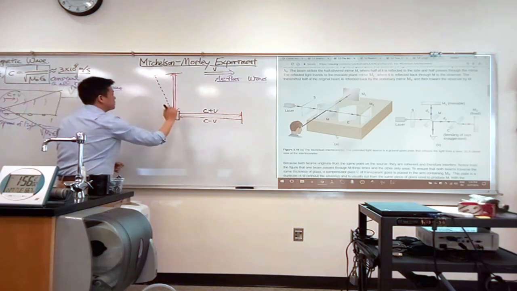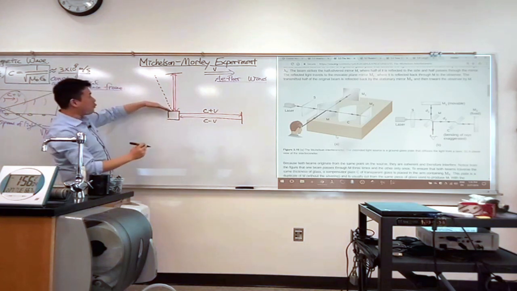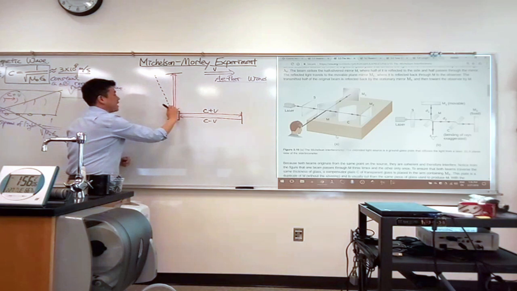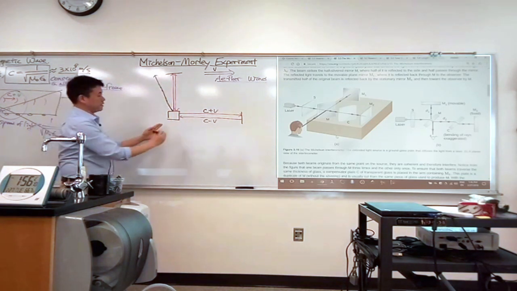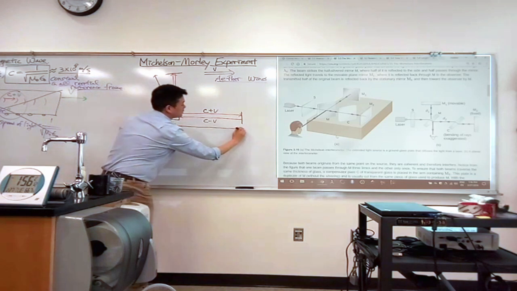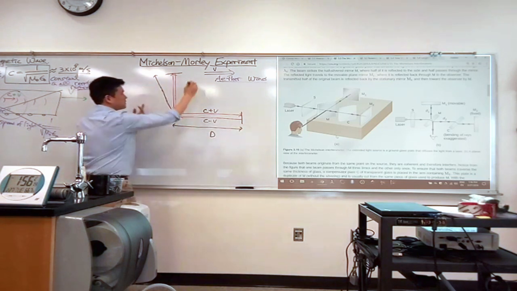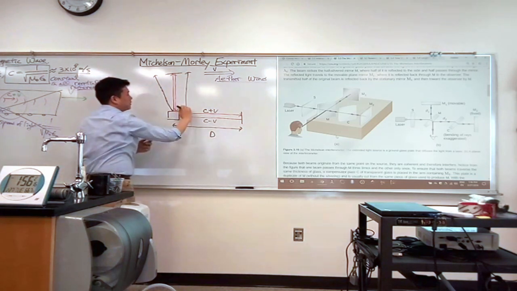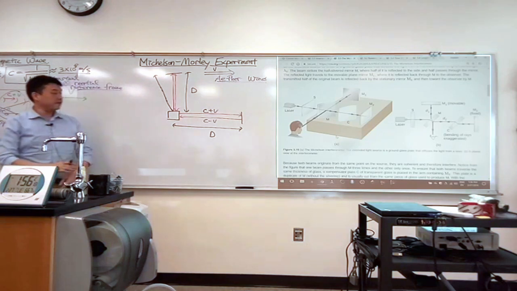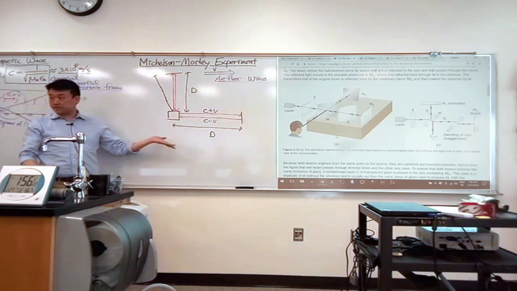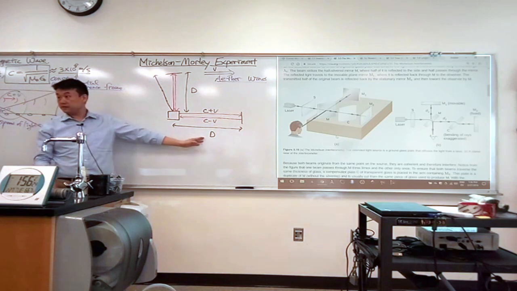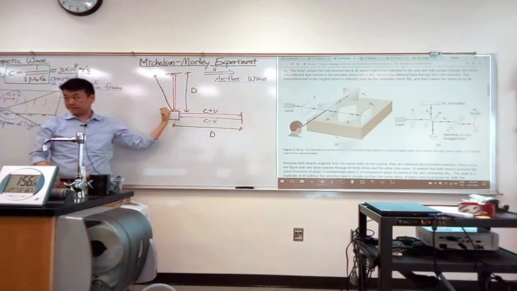For a one-way trip, this is the actual distance being traveled. If this apparatus has arm length d, let's say both arms have the same length d, then on this arm the distance traveled is 2d, one way and then back.